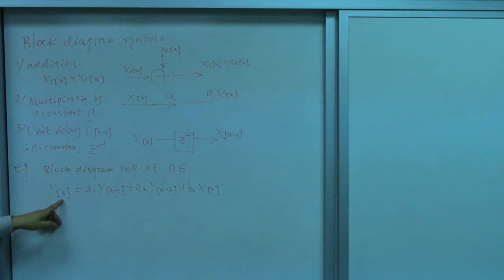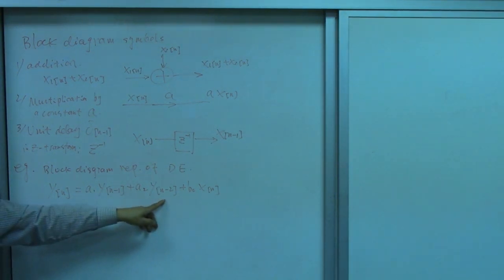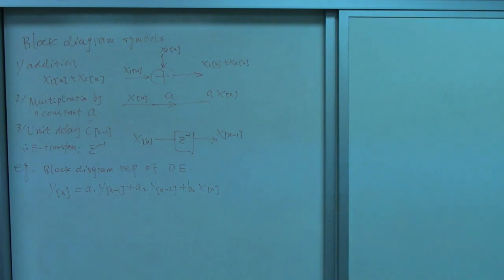So the highest is n, the lowest is n minus 2. So the difference between these two is 2. So that's the second order system. If this were a differential equation, then one example is a second order circuit, which means we have a capacitor and an inductor.